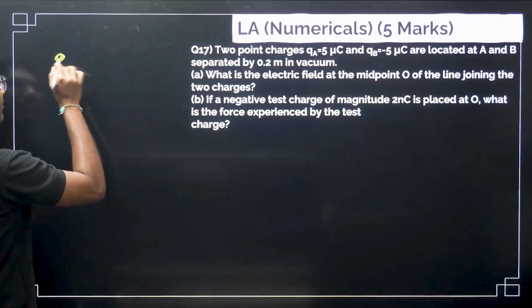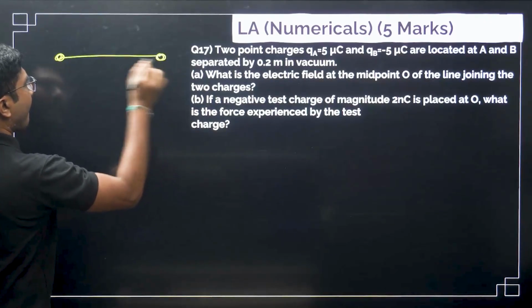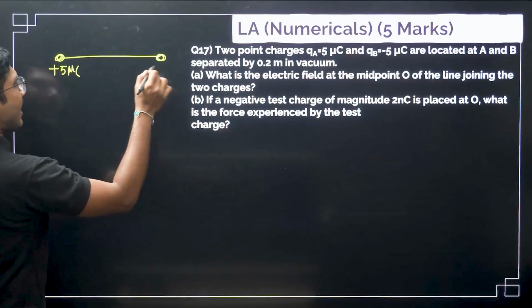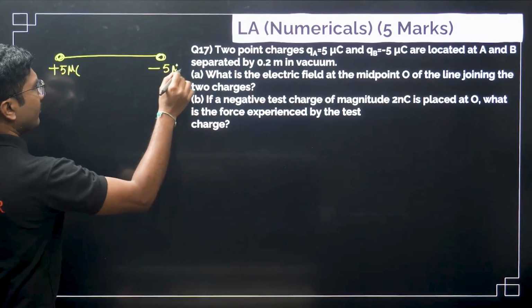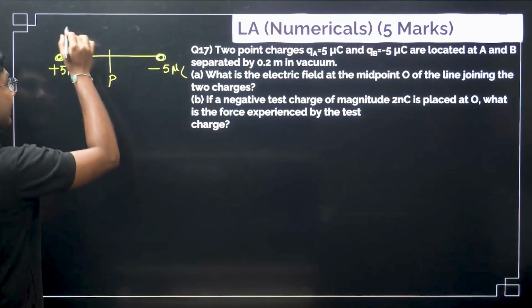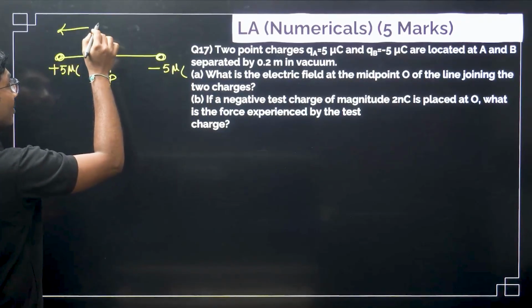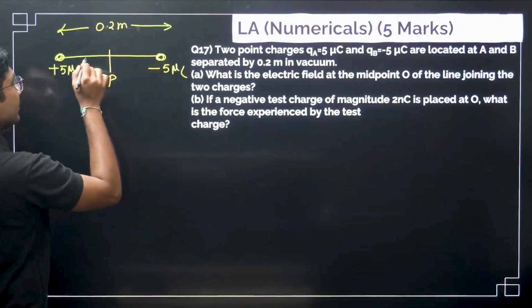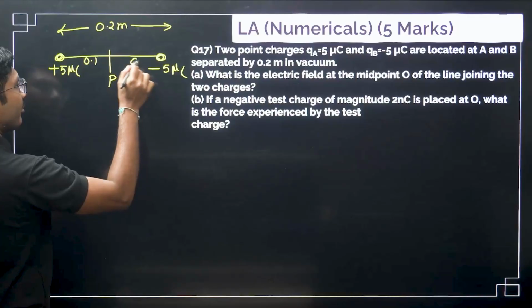Here we have plus 5 microcoulomb and minus 5 microcoulomb. Midpoint O, we are trying to find the magnitude. So what is the distance? Distance is 0.2 meter. So this is 0.1, this is 0.1.